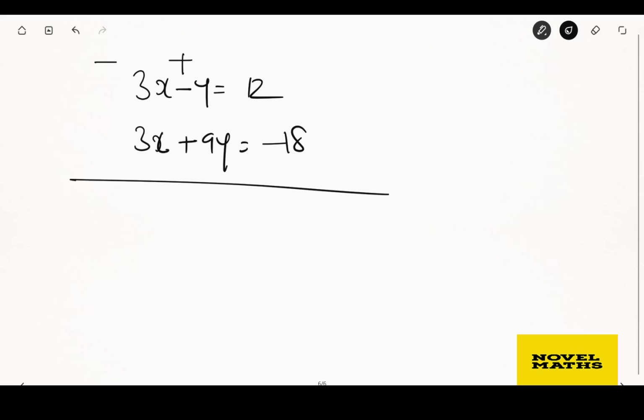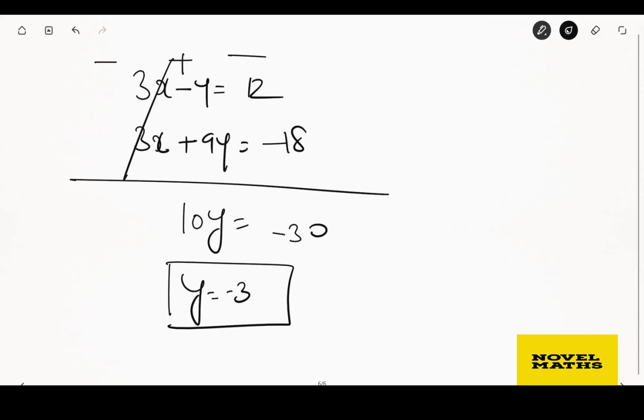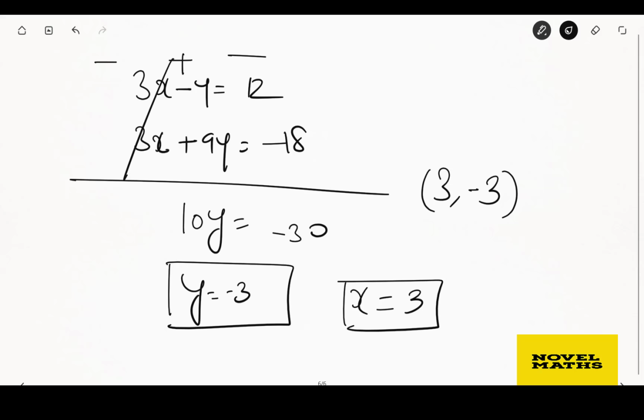Negative, positive, negative, to cancel out. This becomes 10y equals minus 30, and y is negative 3. And if y is negative 3, if you put it in any of these equations, x will be 3. So the answer is (3, -3).